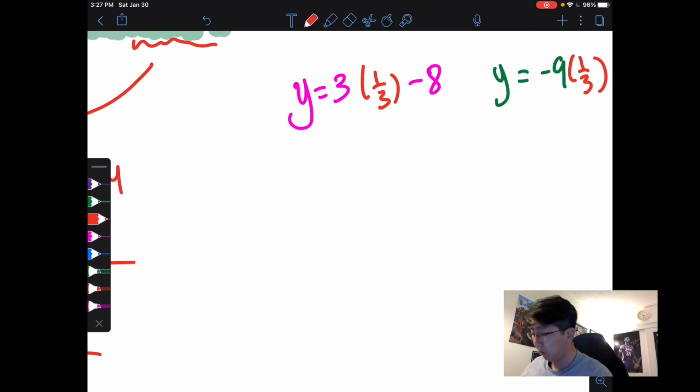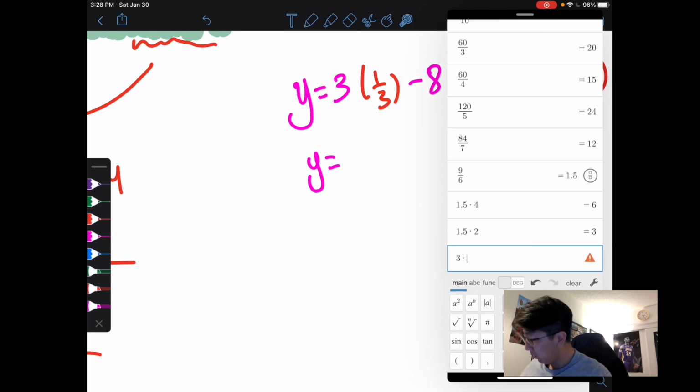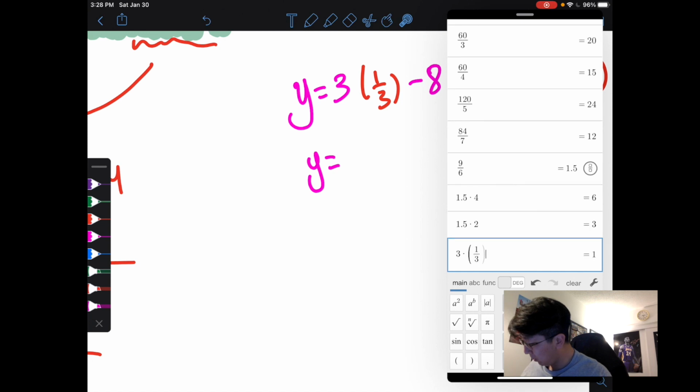Let's focus on the first one first. y equals 3 times 1/3, 3 times 1 divided by 3, is 1.